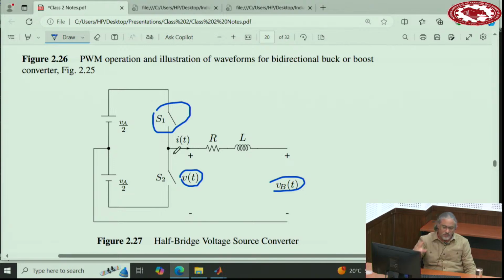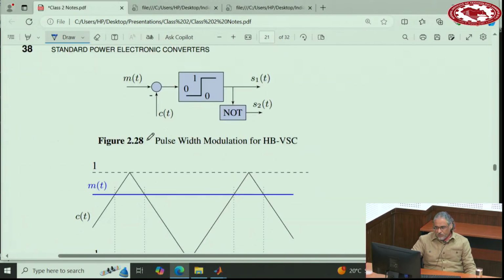So you don't want to do that. In these types of structures, you never turn on both switches together. That's a requirement, because if you do that, you short circuit this voltage source. So for that reason, the complement goes to S2.